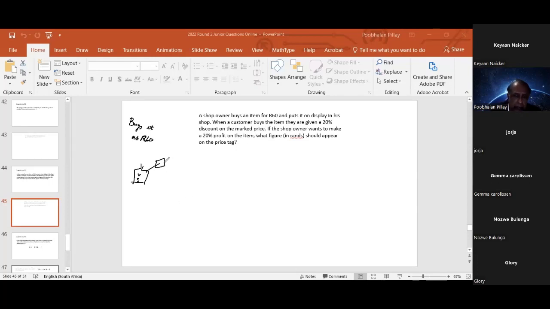So this thing here is the marked price. This is the price at which it is marked. The customer walks in, he sees that price there, and he's given a 20% discount. Whatever that is, you work out 80% of that, and that is what he pays.